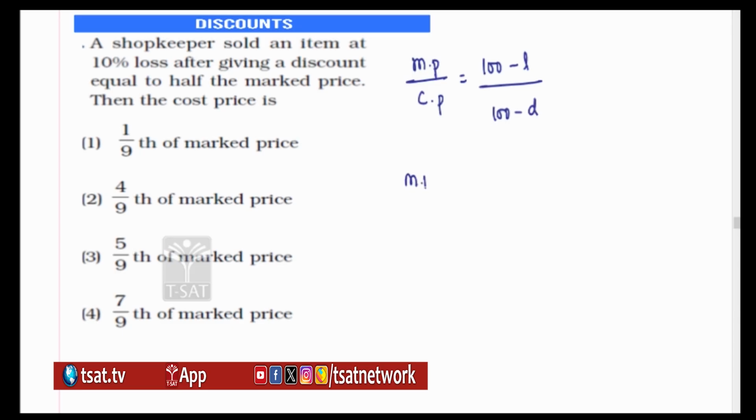So MP by CP is equal to, loss is 10%, discount is 50%. So this is 9 by 5. So CP is equal to 5 by 9th of MP.